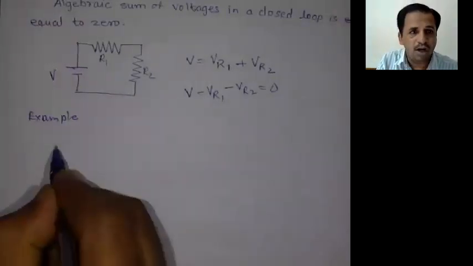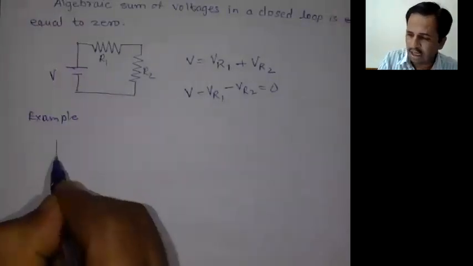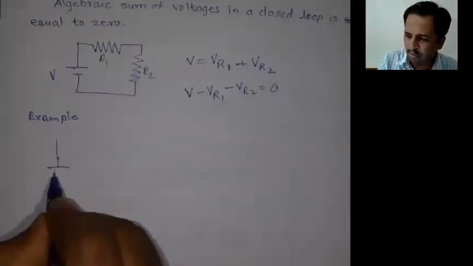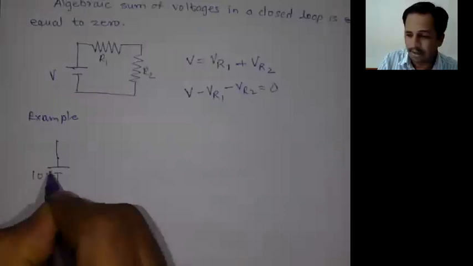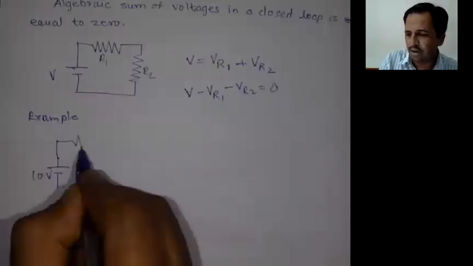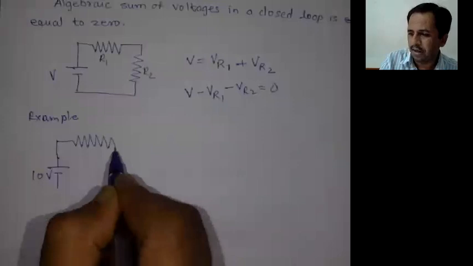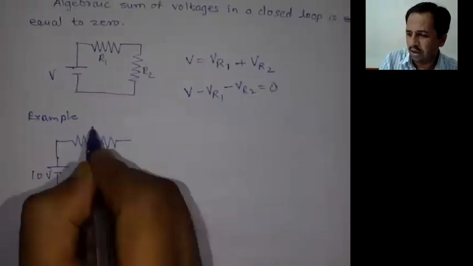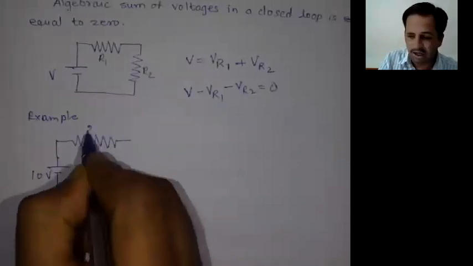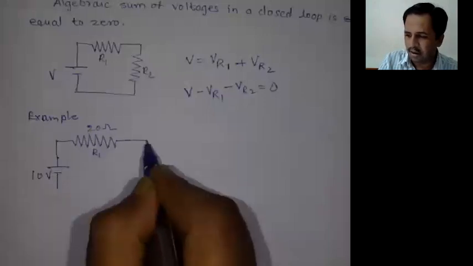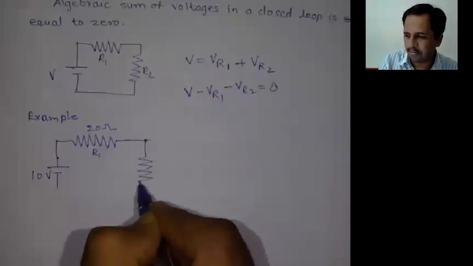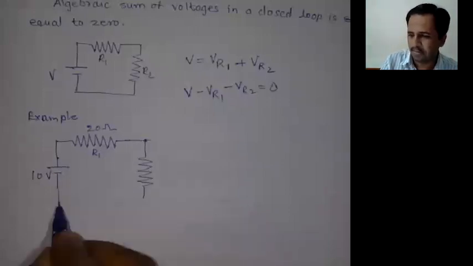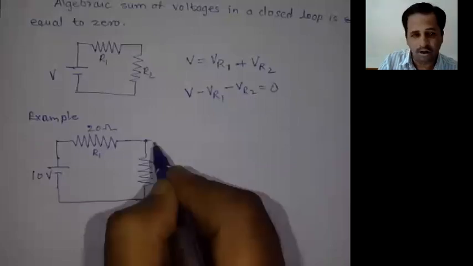Here I have to write that example. It should be similar to the previous one. Here the supply voltage's value should be 10 volt. The resistance R1, its value should be 20 ohm. Here there should be a junction or node, then the R2 resistor, and a third resistor.